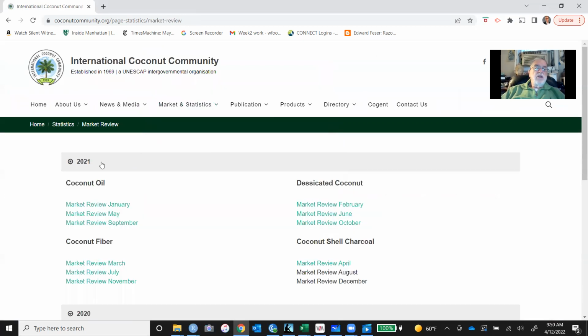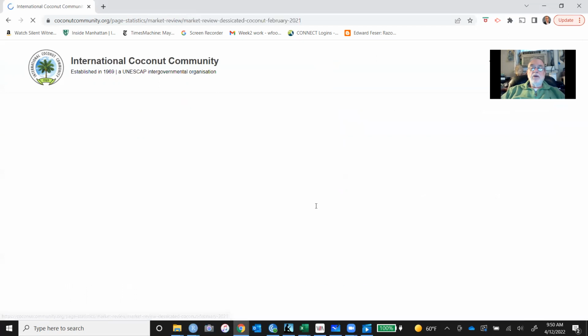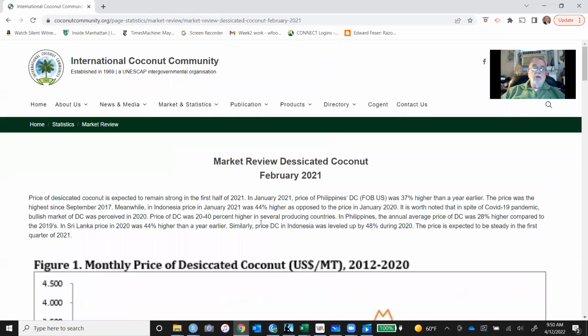And let's choose 2021. Desiccated coconut fiber. See if there's anything else. Let's try desiccated coconut for the moment, and look at a market review in February of 2021.